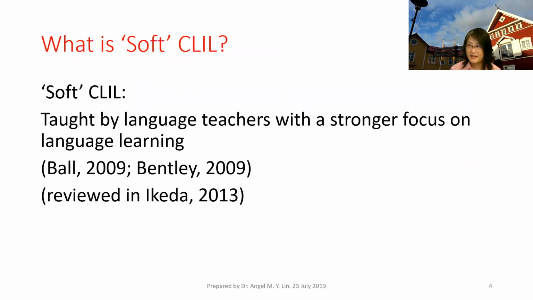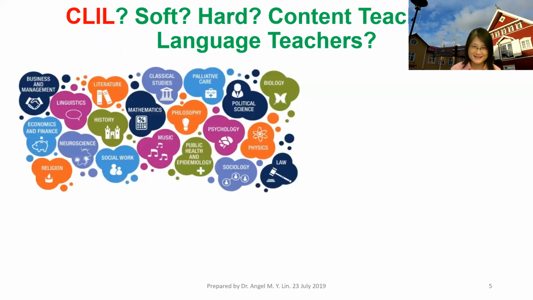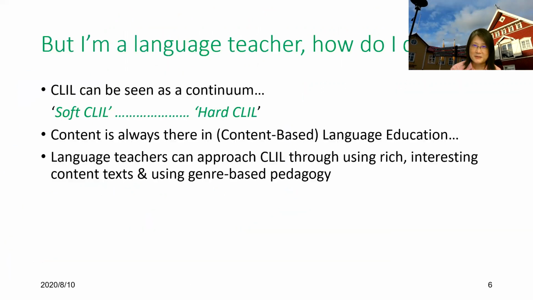You can be trained in applied linguistics and you don't need to be trained in any specific content area like history or science or geography or social studies. And hard CLIL is taught by content teachers trained in the different disciplines like biology, history, economics, social studies. So in the situation of Taiwan, most of the teachers practicing CLIL come from the language background, language education. They're trained as language teachers.